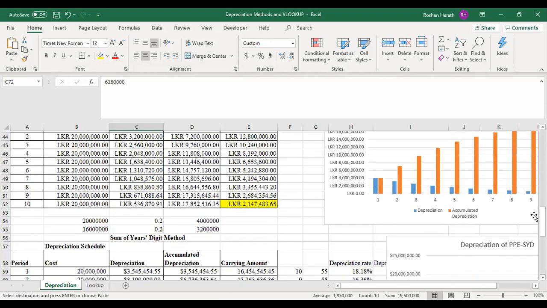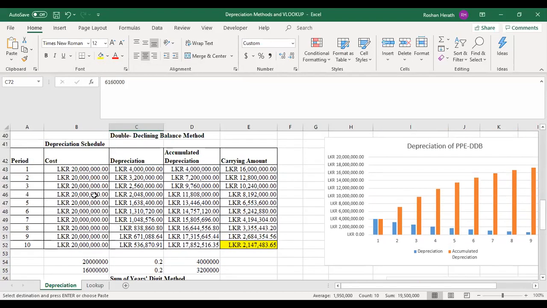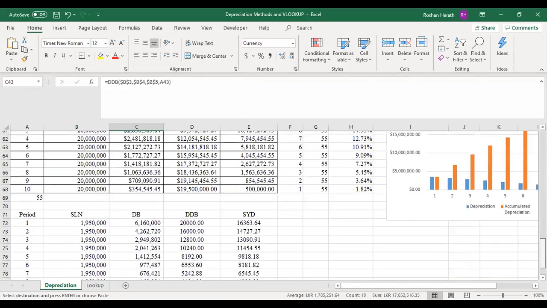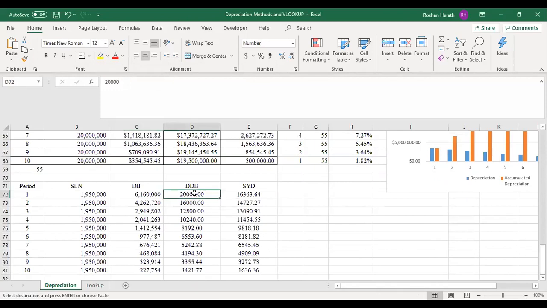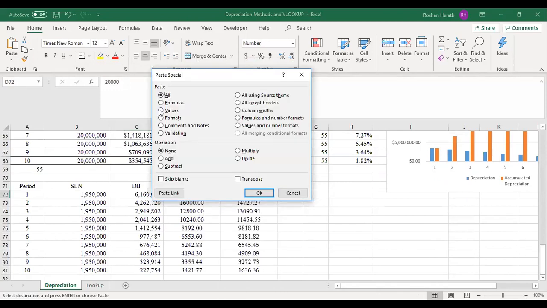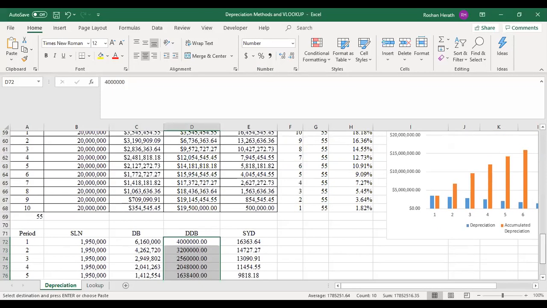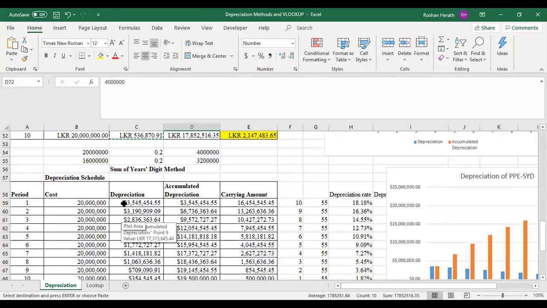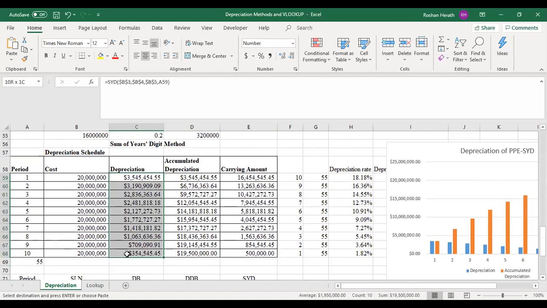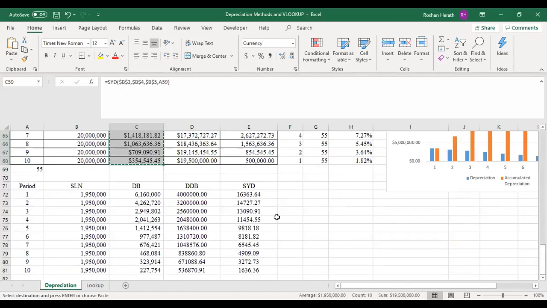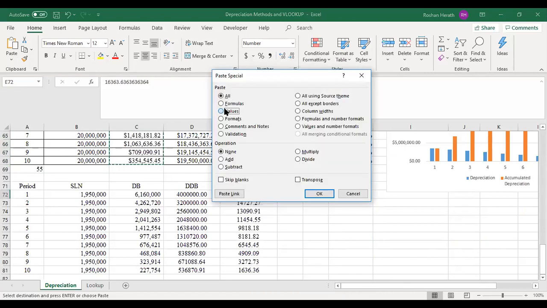and thereafter the double declining balance method as well. Finally, the sum of the years depreciation. Values to be pasted.